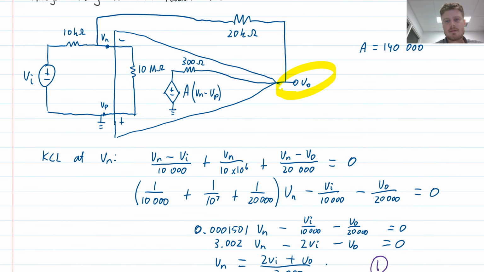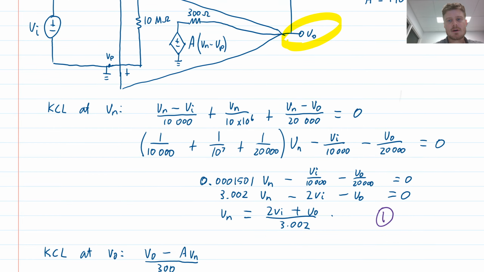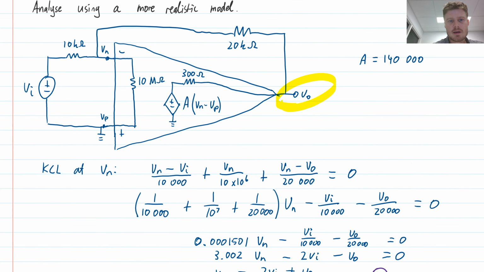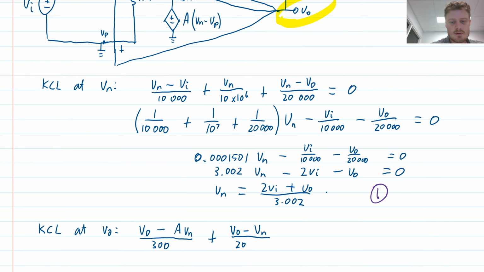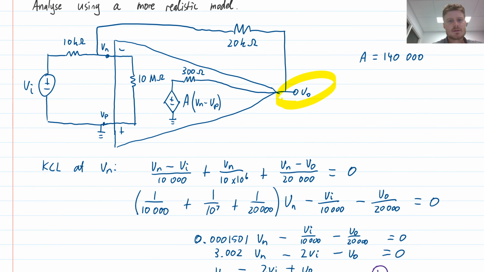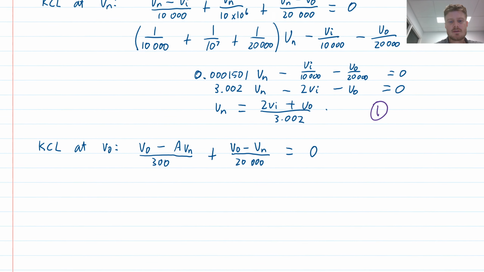Then I have the current in the feedback path, so that one is V0 minus Vn divided by 20 kilo ohms. And that equation is equal to 0. Now I can substitute in some values that I know. I have a value for my open loop gain, so it's 140,000.